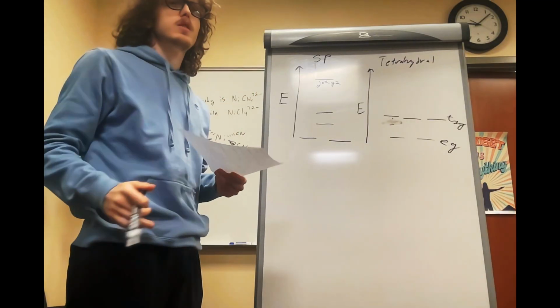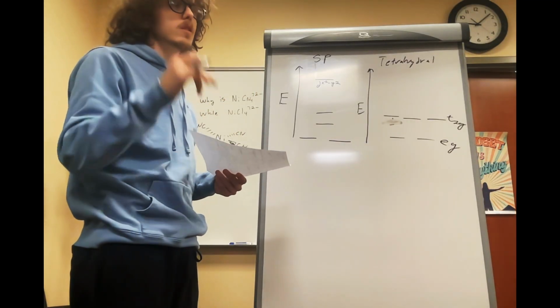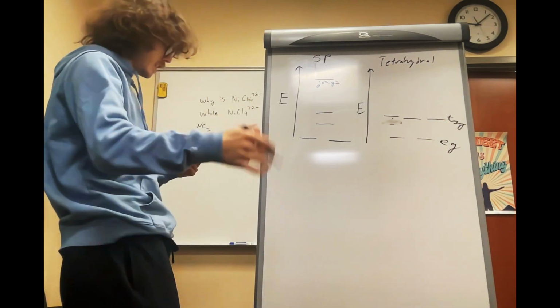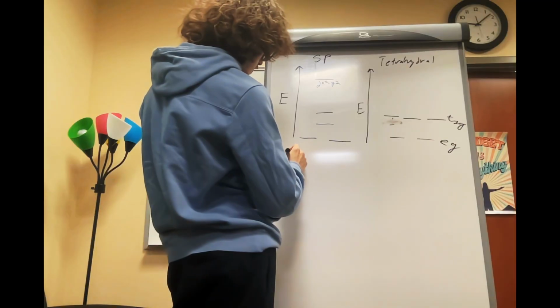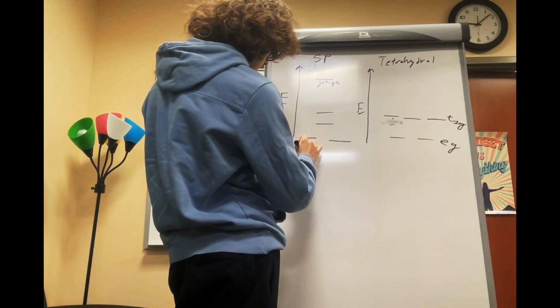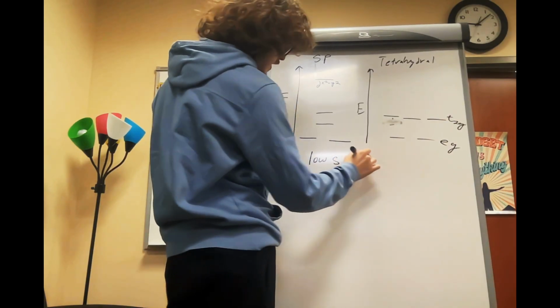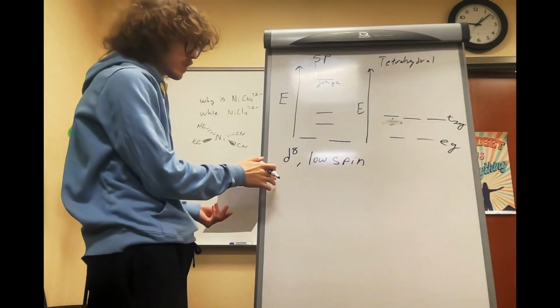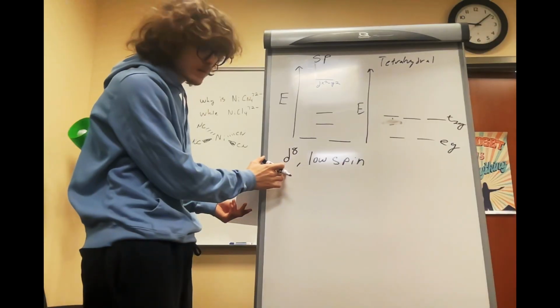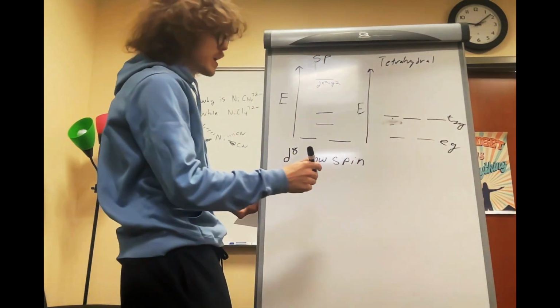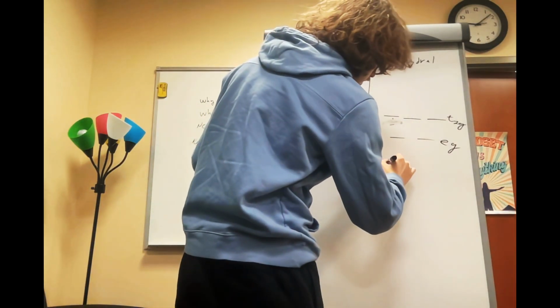Now what you're going to notice is that square planar complexes are formed under very, very specific conditions, and that's when you have d8 low spin. Okay, so when your metal is d8 and you have low spin, meaning that you have really strong ligands.